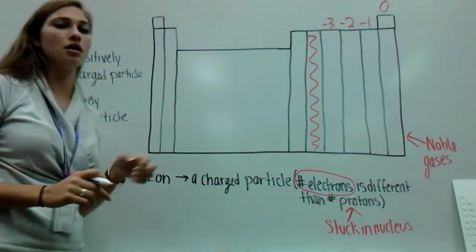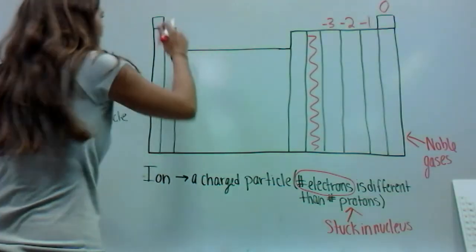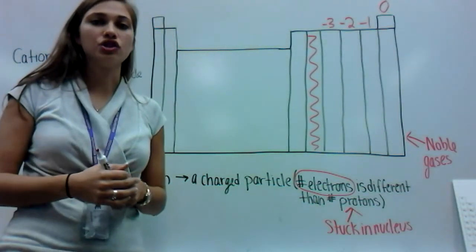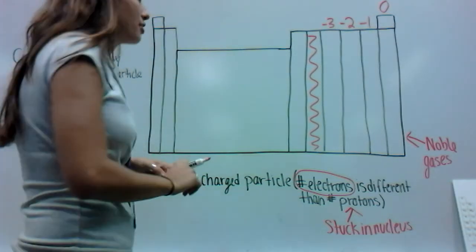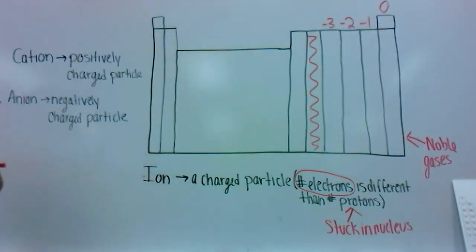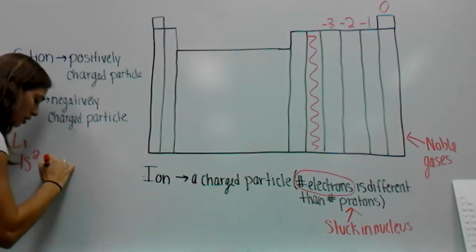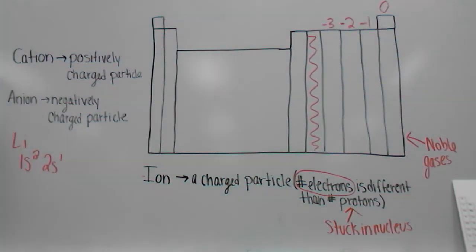When we're in our alkali metals, we are 1 over having a filled shell. If I were to do the electron configuration for lithium, it'd be 1s2, 2s1. I have 1 more electron than I need to create a filled outer shell.